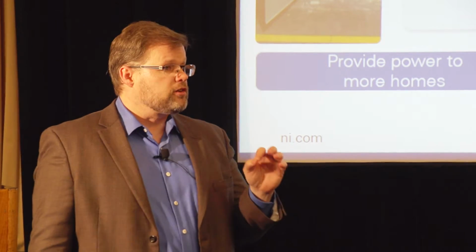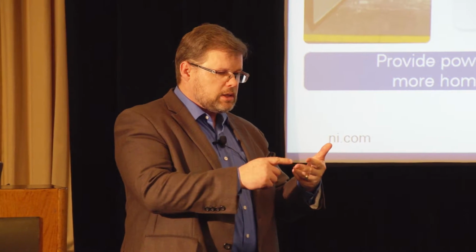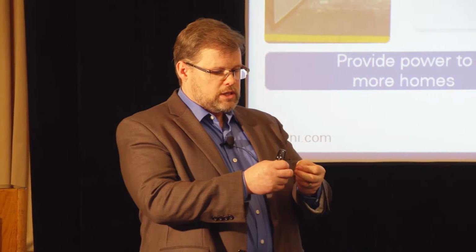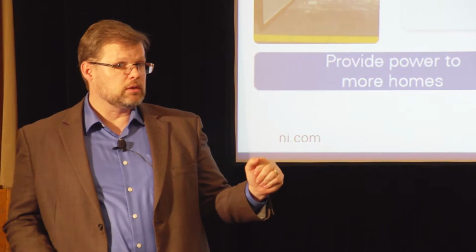But I think your point is very valid, that network robustness and network security are going to dictate what level of control we're going to put across that network. All right. Great question. Thank you for helping the monitor. Another question? Yeah.